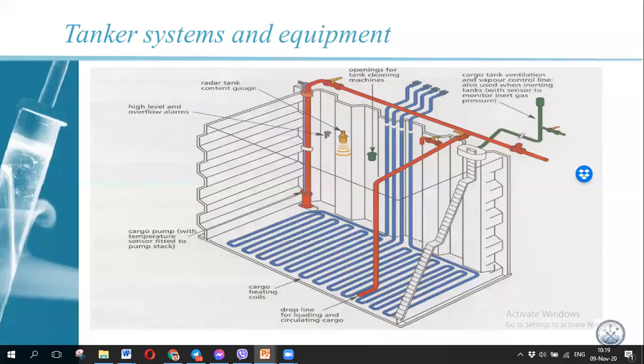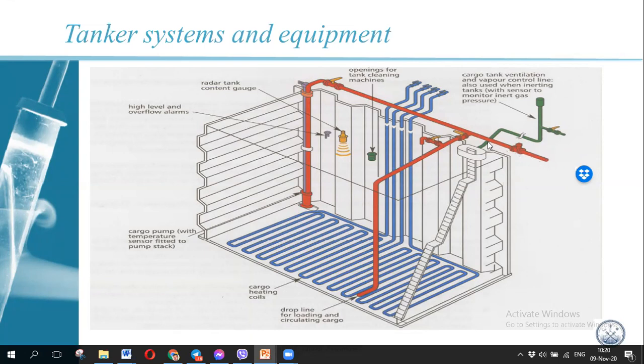This picture shows you graphically the system on board the vessel in the cargo tank. The red color is the cargo pipe. What I call here the manifold is where the vessel is going to be loaded. Let's talk about the loading.